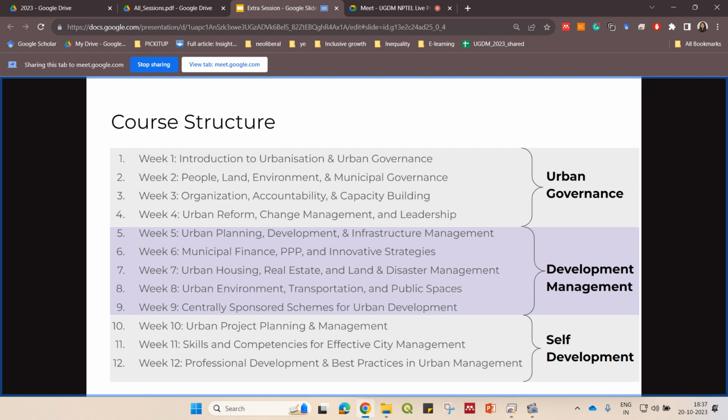The last part is the self-development, which includes lectures from week 10 to week 12. So the first of this would be urban project planning and management.